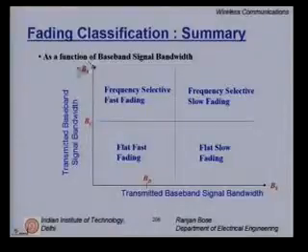So, I can shift and vary my Bs independent of the BC. Doppler depends upon how fast the vehicle is moving with respect to the base station, or how fast the transmitter and receiver are moving with respect to each other, and has nothing to do with Bs, right. So, again I can move Bs, the symbol bandwidth, independent of BD, and I work either in the domain of flat slow fading or frequency selective fast fading or any other combination.